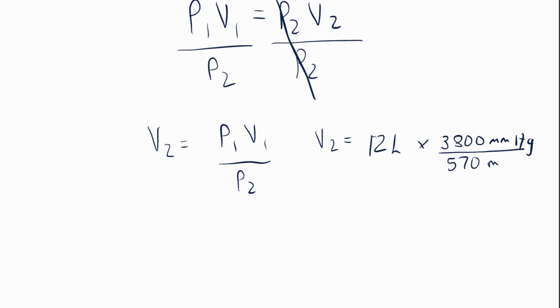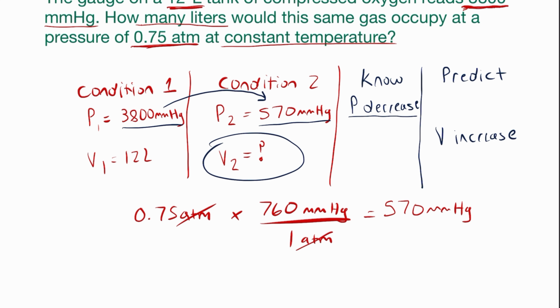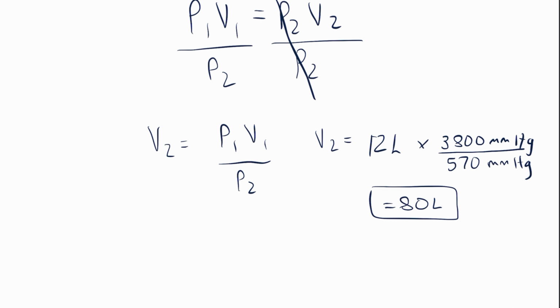Okay, and if we multiply this across, first divide, multiply across, we will get 80 liters as our answer. Okay, so how many liters would this same gas occupy at a pressure of 0.75 atm at constant temperature? The answer will be 80 liters.